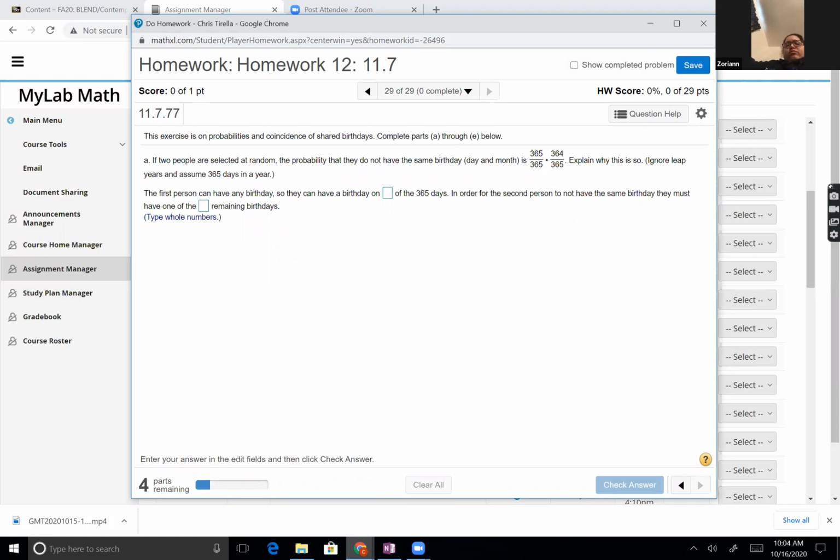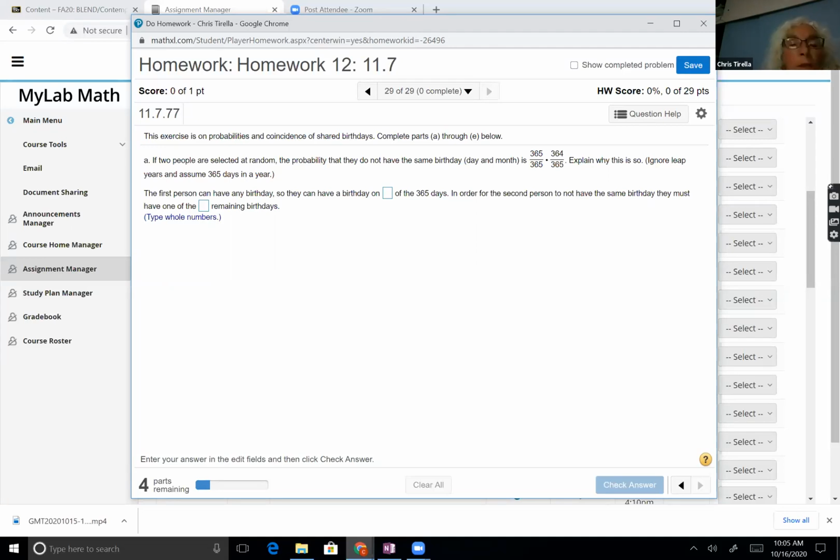This exercise is on probabilities and coincidence of shared birthdays, complete parts A through E. If two people are selected at random, the probability they do not have the same birthday is 365 out of 365 times 364 out of 365. Explain why this is so.